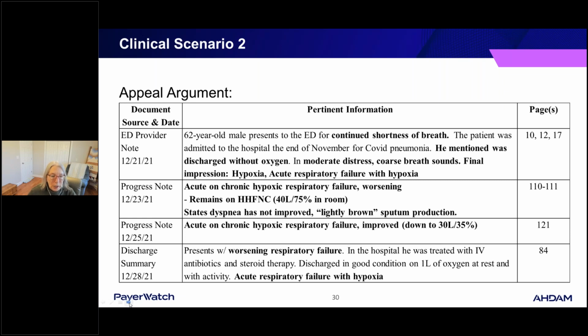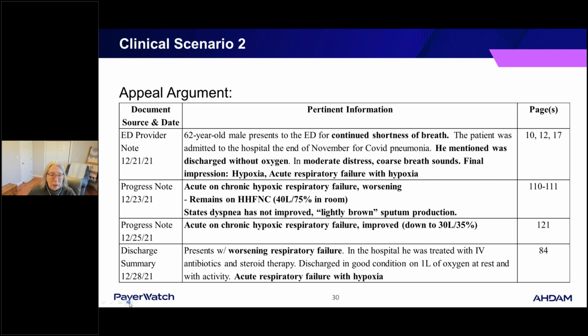On 12/23, they diagnosed him with acute on chronic hypoxic respiratory failure, which was worsening, and he remained on a high flow nasal cannula at 40 liters, 75%. And he stated dyspnea not improved.